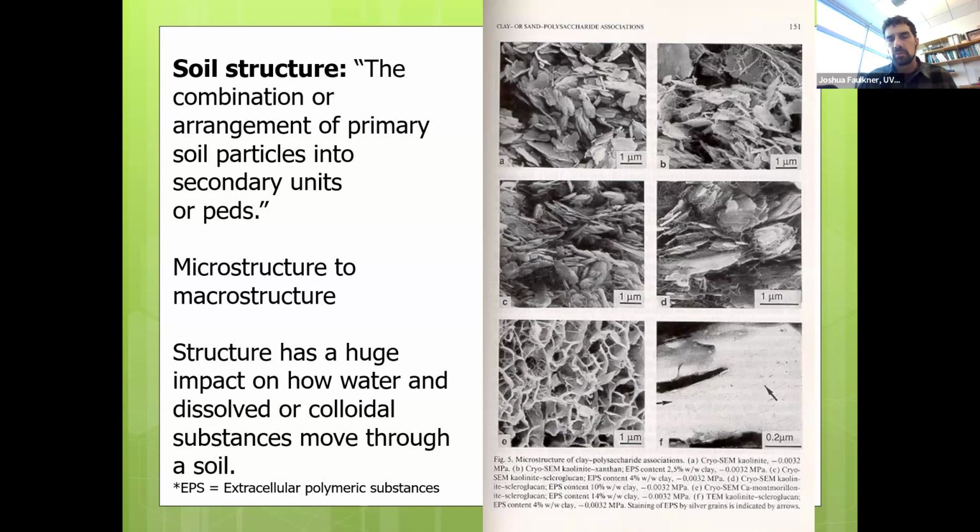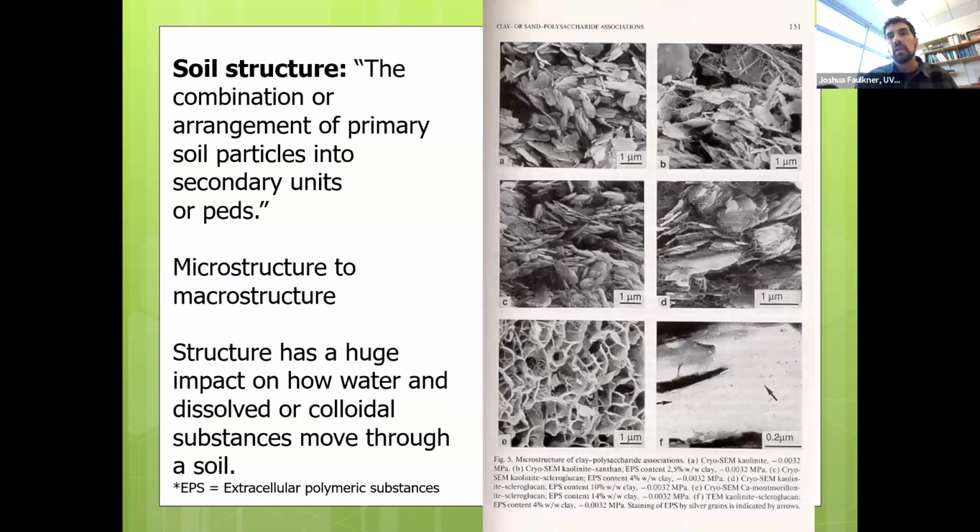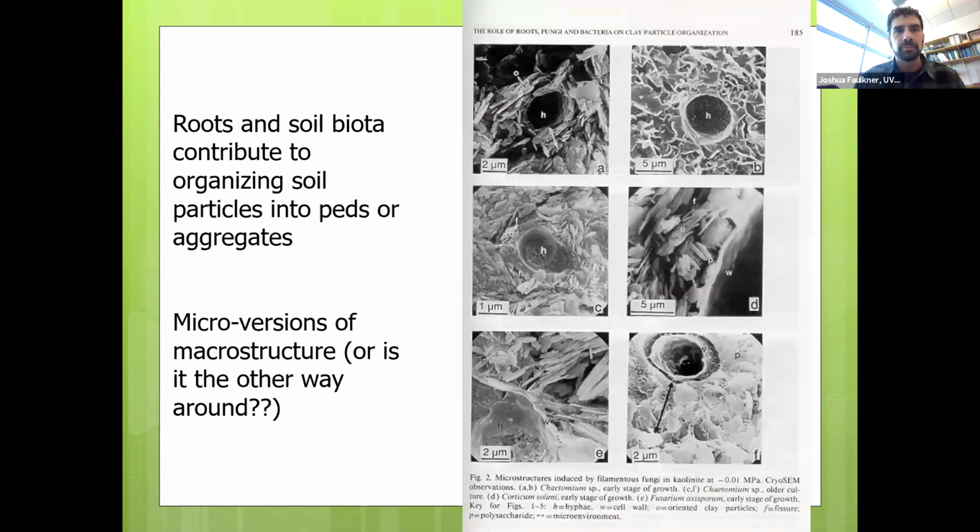We have all this very meaningful and important structure, even at the micro level. And there's still science that's exploring the interactions within these sites and in the microcavities within this microstructure.